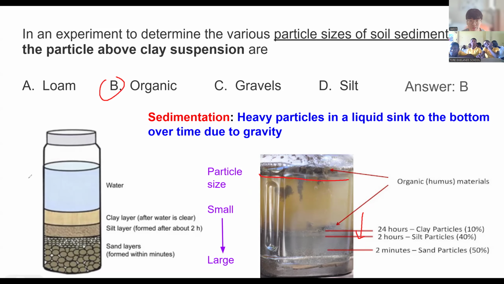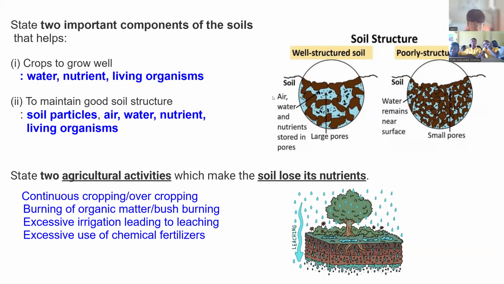Okay, let's move on to this part. So I'm going to describe some of the two important components of the soil that help the crops to grow well. And those two important components you can put here are things like water, nutrients, living organisms.